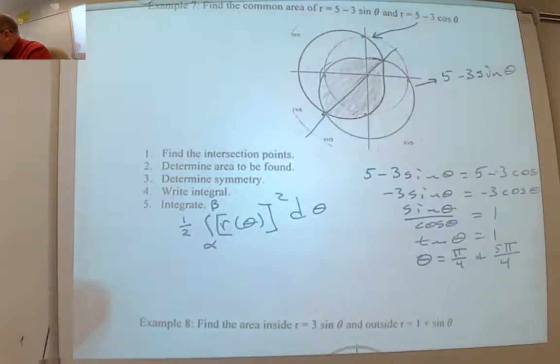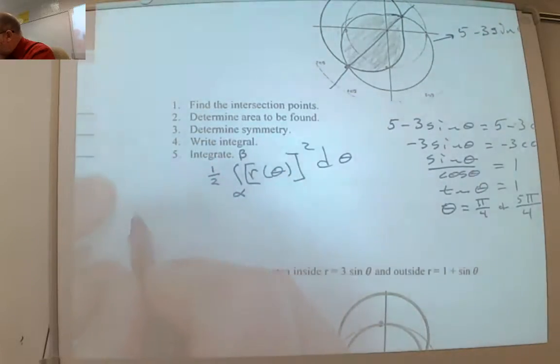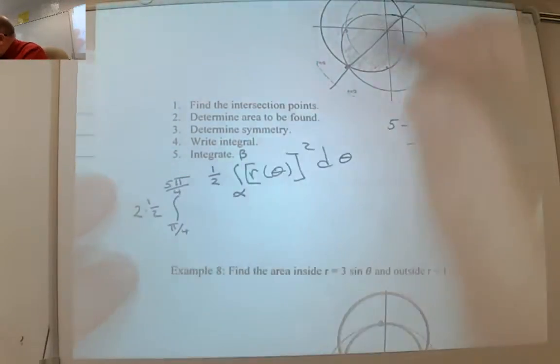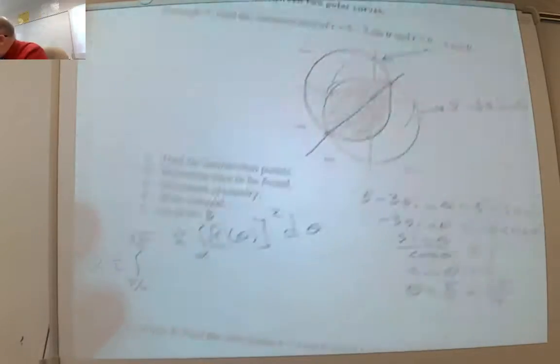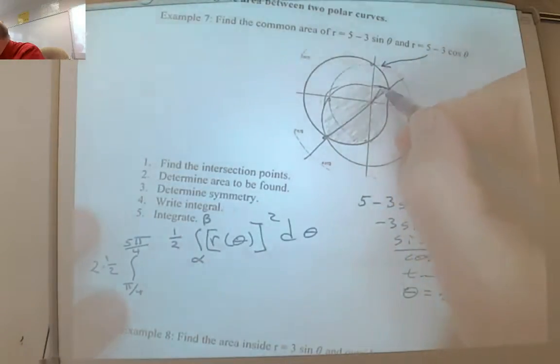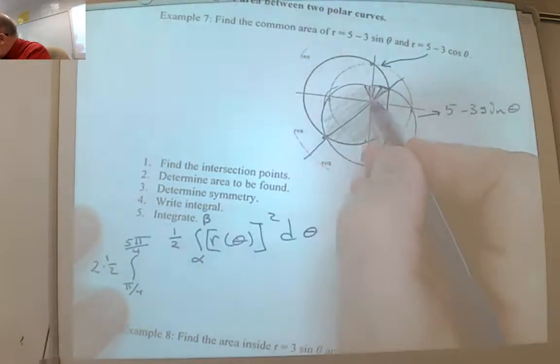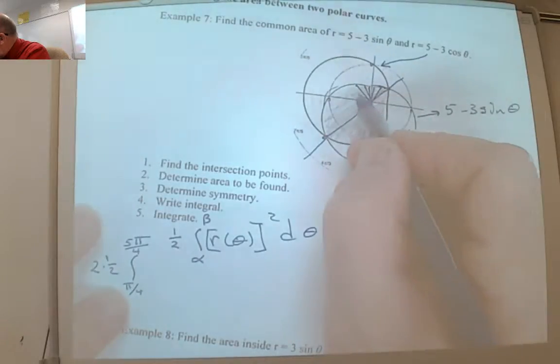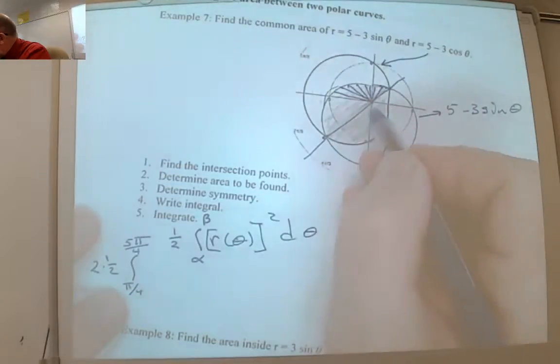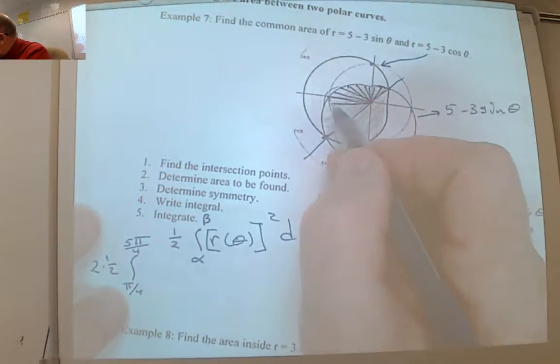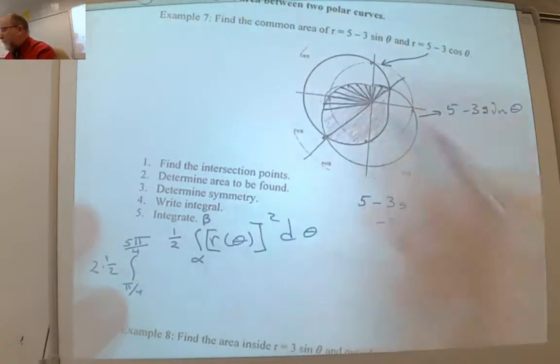So what I'm going to do is I'm going to multiply by 2. So I'm going to have 2 times 1/2. And I'm going to integrate from pi over 4 to 5 pi over 4. And so what I'm looking at, and I'm going to come back to this, is I'm looking at very skinny sectors that are generating from that pole. They're going to start over here and they're going to move in this manner. And these are just a few of the infinite number of sectors there are.